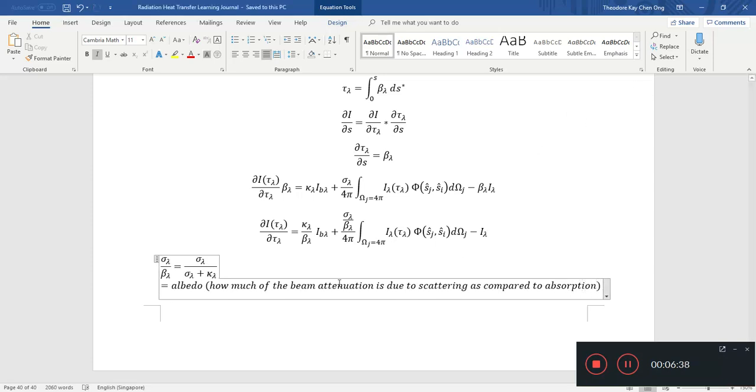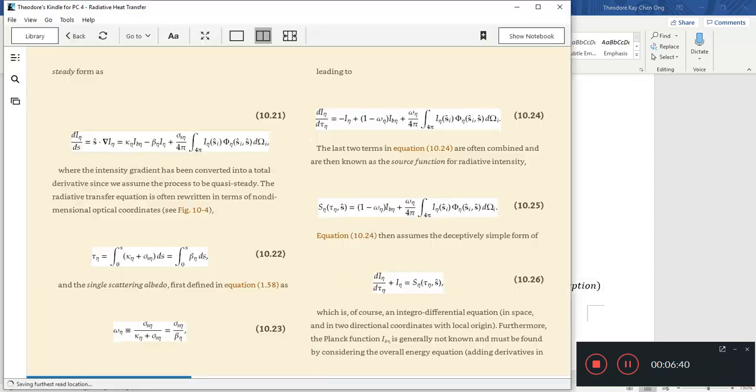So what is the symbol for albedo? We can take a look here. It is this omega symbol, which is in equation 10.23. I'm just doing whatever this page is doing here.